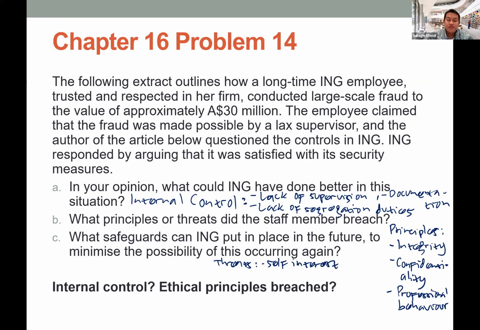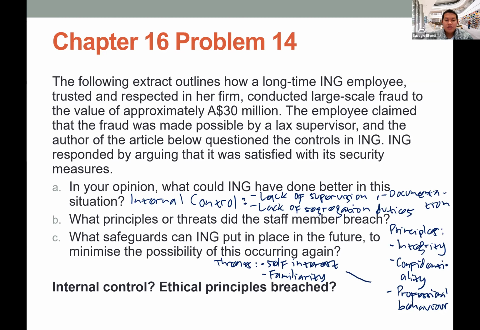And then familiarity, because this process has been happening for quite a long time and the employee is very familiar with it, so they can use the loopholes or limitations of the process to steal the company's money. I think that's two. Advocacy, I don't think we have advocacy. Okay, so these are the threats.